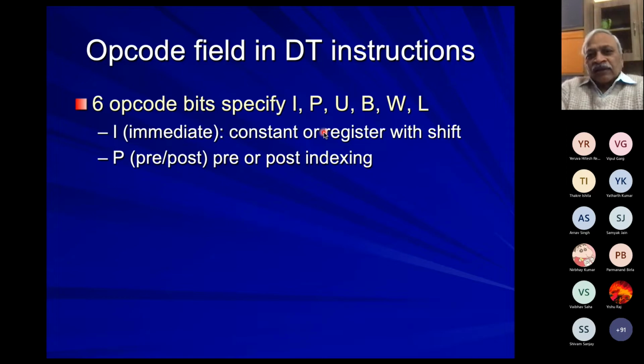Post-indexing means that you use just the base as the address and then modify it by the offset and store in the base. So the base is changed. Okay, the base is updated for next use.